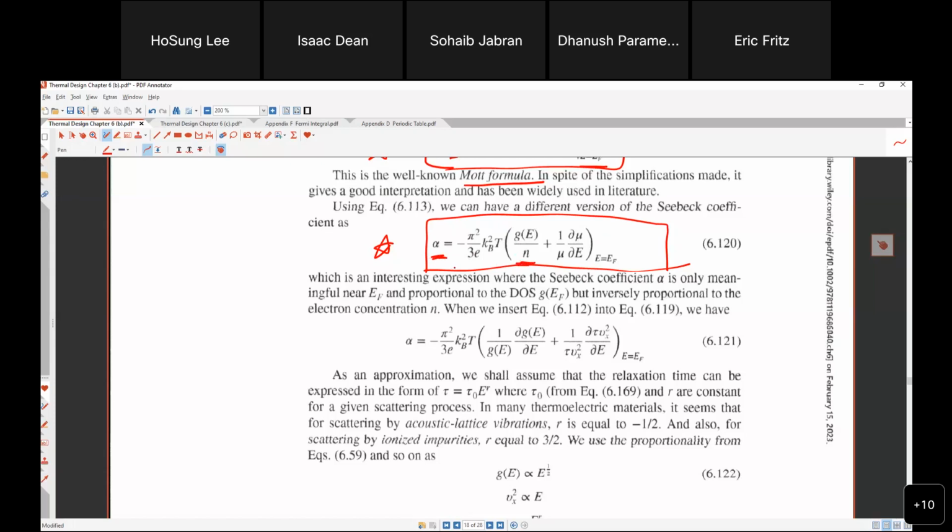So more electrons do not help the Seebeck. And then mobility, mobility is the kind of density of state, inverse and gradient with respect to energy. The gradient of the density of state. Some information near the Fermi energy.